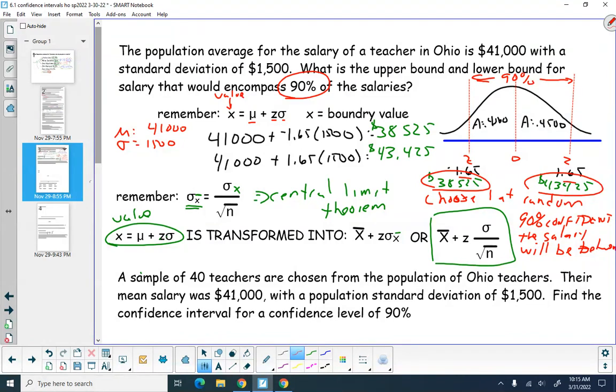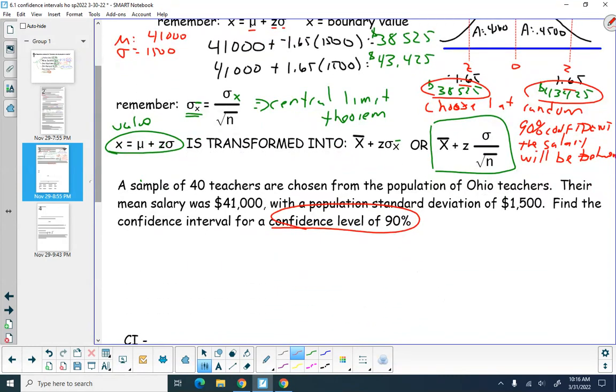You feel pretty confident about that. So when you talk about the boundary values encompassing 90%, you're also talking about a confidence level of 90%.